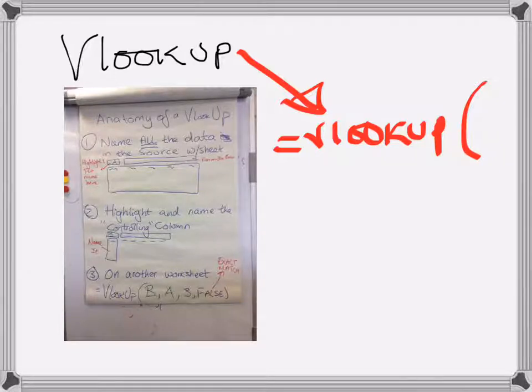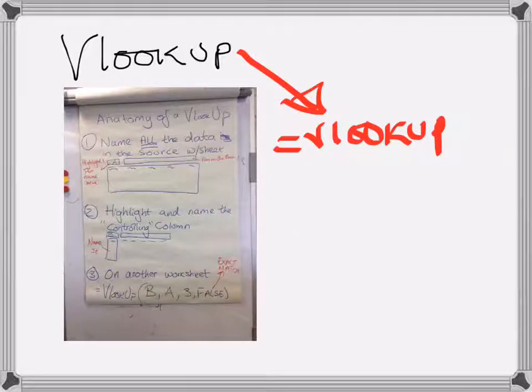And then the last thing I would say is that you want to choose false. In the formula, you're going to choose false, because false in this particular case means an exact match. You're looking for exactly that item.